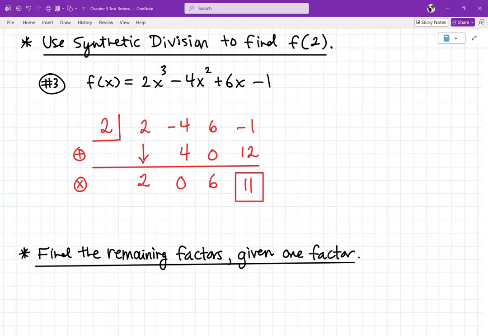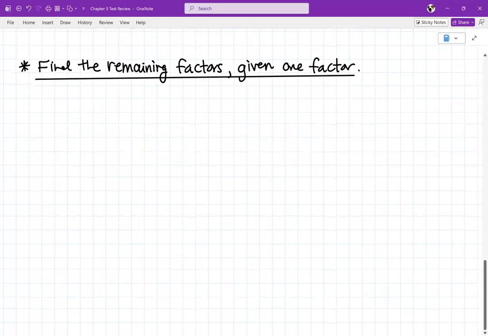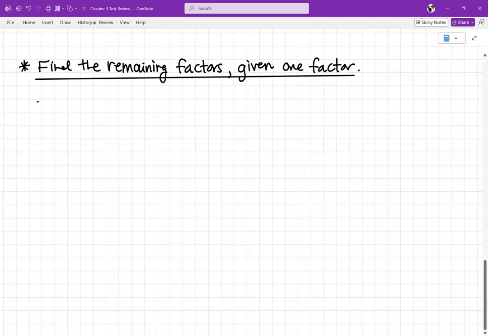Now we are going to use synthetic division with this. Okay, that's just part of it. Here's the problem, number 4, x cubed plus 5x squared plus 2x minus 8.